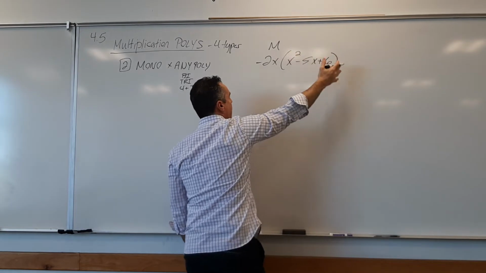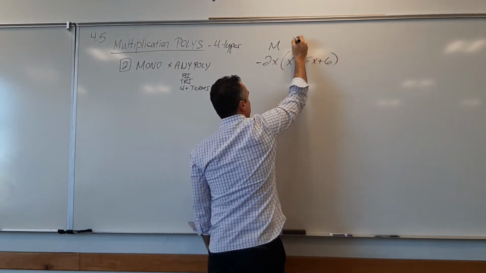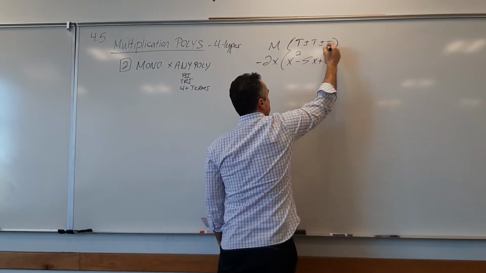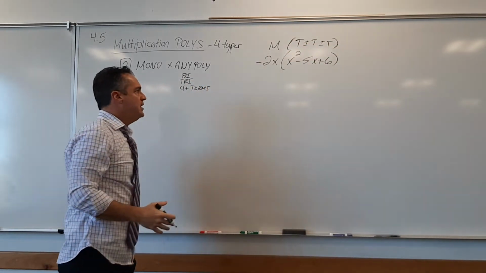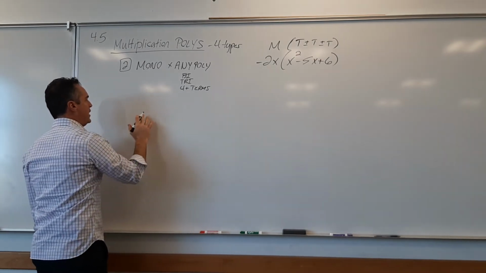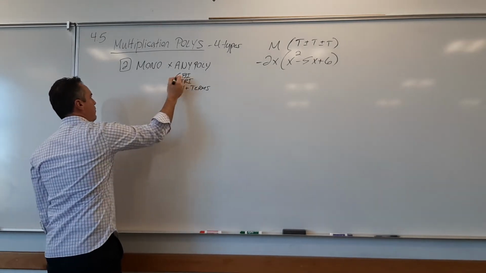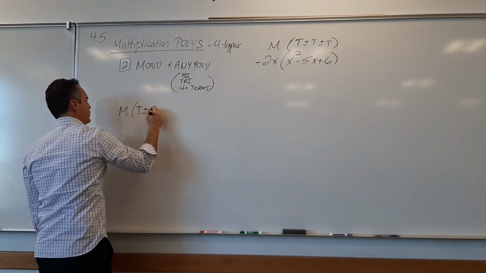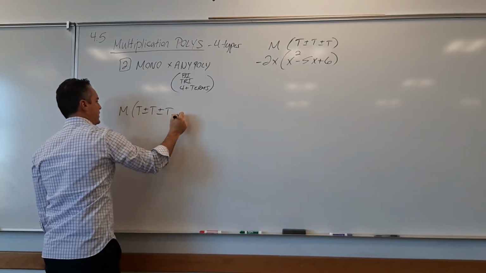And then you have this expression right here, it's a trinomial. You have a term, plus or minus a term, plus or minus a term. And so what we're going to teach you in this concept is the mono times any poly ends up being, so you have this mono times this term, plus or minus a term, plus or minus a term, dot, dot, dot.